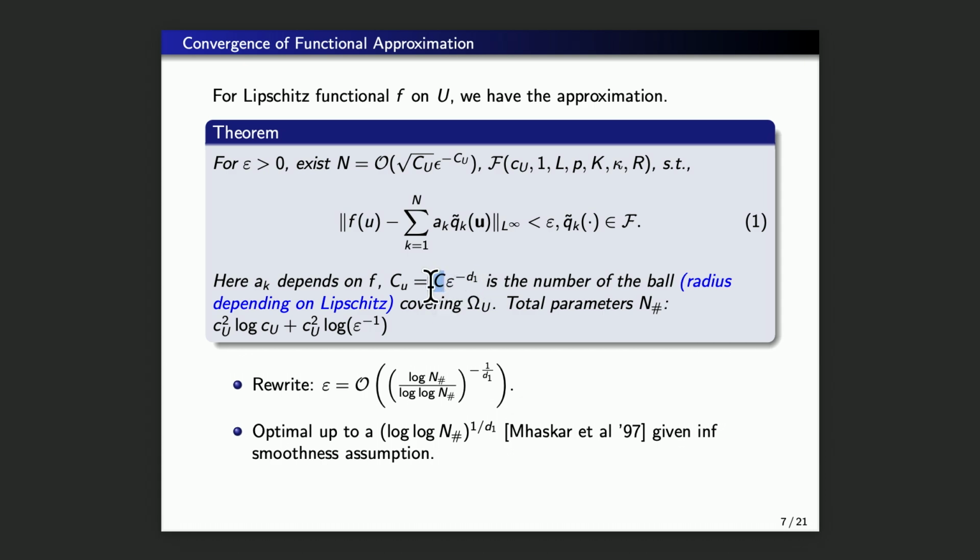The constant C depends on the Lipschitz constant of the input function space and also the Lipschitz constant of the functional F. Okay, so this is the size of U. And finally, the total number of parameters needed to reach epsilon error for this particular approximation is given over here.